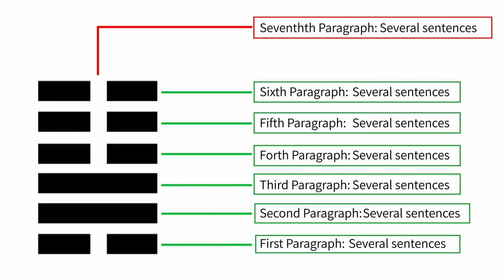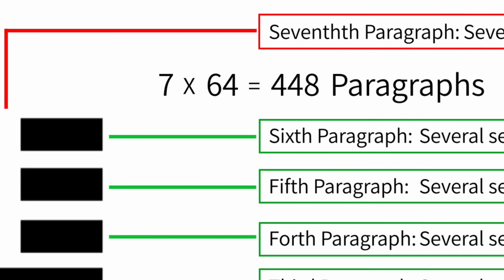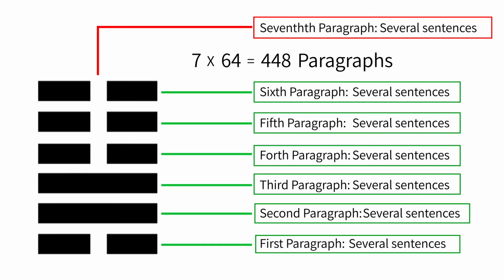Then, after a simple calculation, each hexagram has 7 paragraphs, and there are a total of 64 hexagrams. The result of 64 times 7 equals 448. We use the I Ching to predict the development of things relying on these 448 paragraphs.